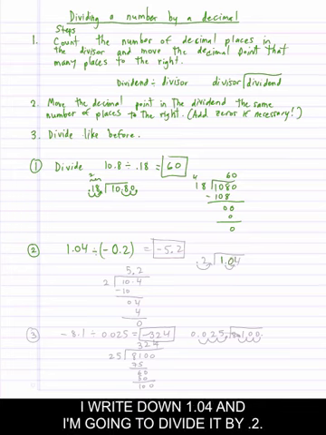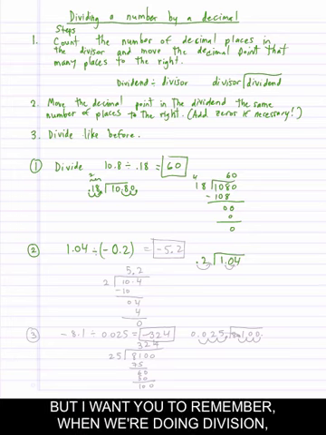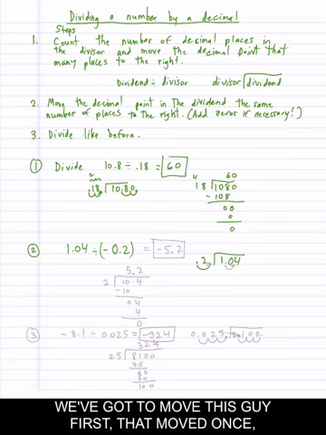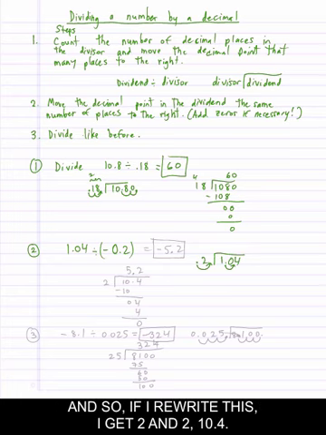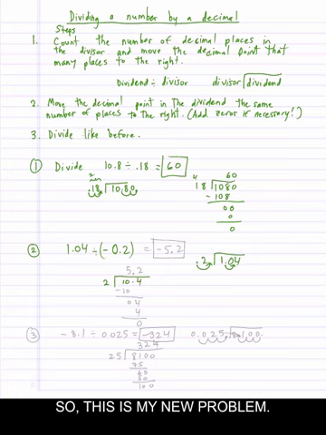I write down 1.04 and I'm going to divide it by 0.2. Okay, but I want you to remember, when we're doing division, we've got to move this guy first. That moved once, so I've got to move this guy also once. And so if I rewrite this, I get 2 into 10.4. So this is my new problem.